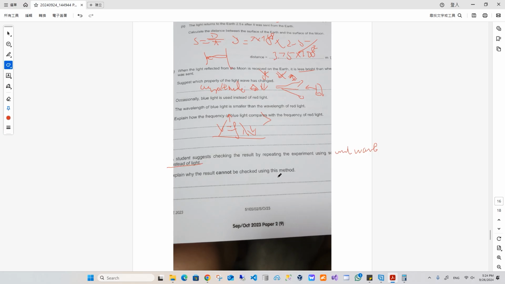Explain why the result cannot be checked using this method. Because sound wave cannot travel in vacuum. Sound wave needs a medium. Vacuum means no medium. No medium, no wave can travel normally. It's only electromagnetic wave. Any mechanical wave like sound wave can't travel without a medium, in vacuum.